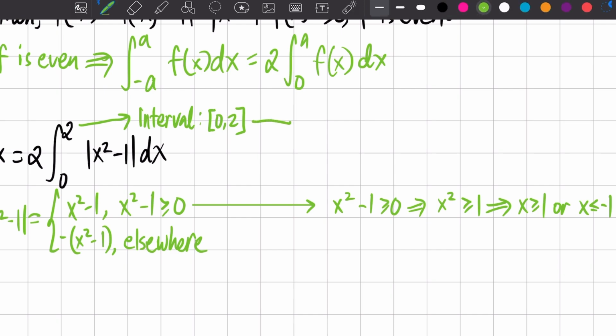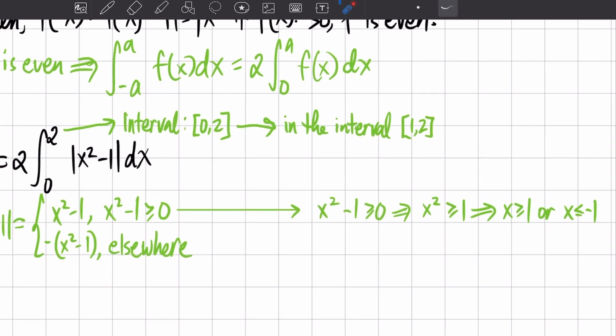So, in the interval 1, 2, because this is the interval which corresponds to this inequality right here, what we have is that the absolute value of x squared minus 1 is equal to x squared minus 1.